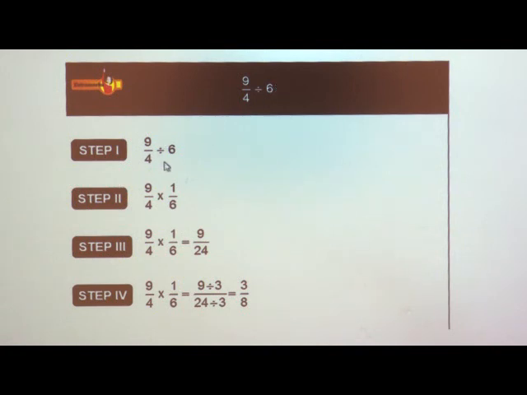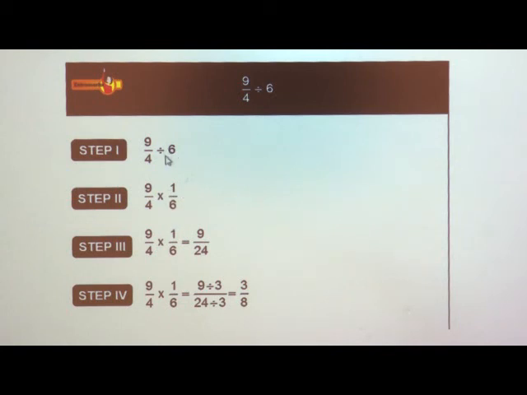Again, you know we first change the division sign into multiplication, and after that the second number should be written as a reciprocal or multiplicative inverse. What will be the reciprocal of 6? It is 1 upon 6.